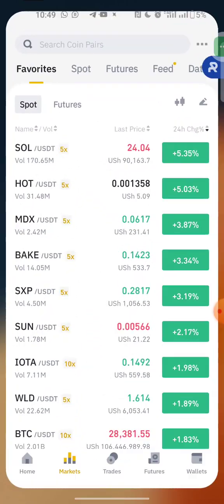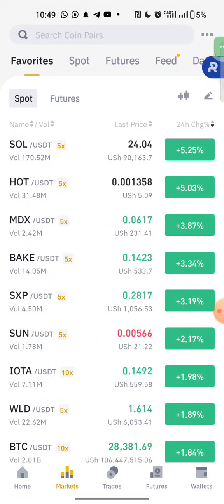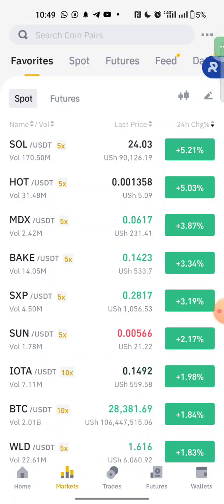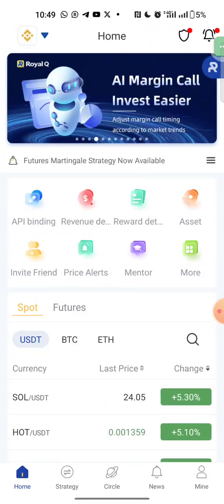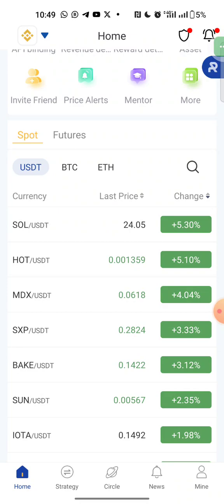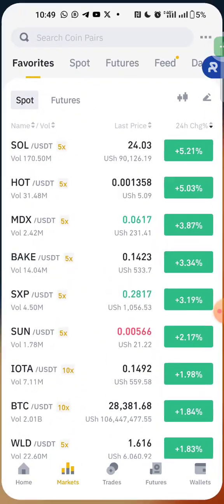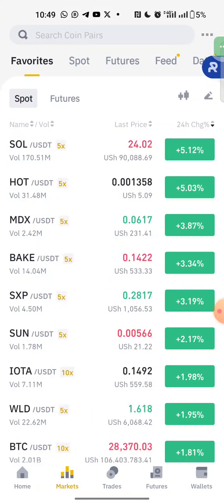Okay, there is some little difference because of the time zones. Here it is 5.21, but in Royalq it is 5.30. It could be a difference between data collection, or maybe because of the time zone.